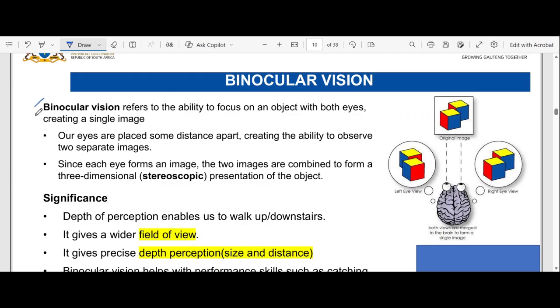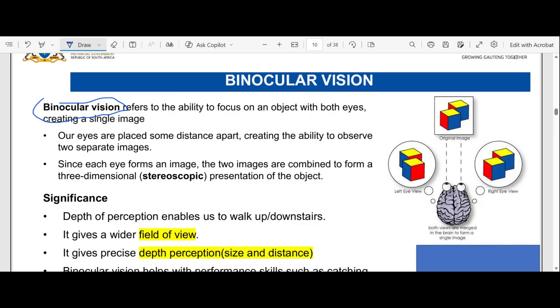So binocular vision refers to the ability to focus on an object with both eyes, thus creating one image. I'm sure you've noticed that there's some distance between your two eyes. Each eye is able to form its own image, thus creating two separate images.